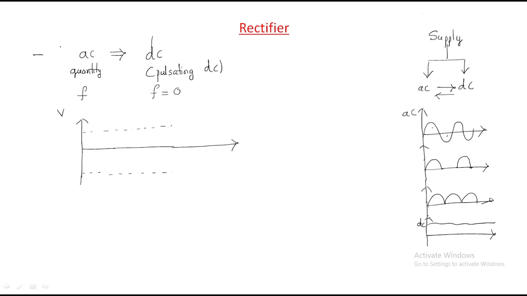Generally, in our electrical system, we use the sinusoidal waveform. You already know these things, but once again we have to recollect. This is V, and we can write it as Vm sine omega t.